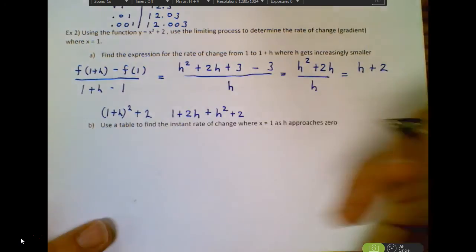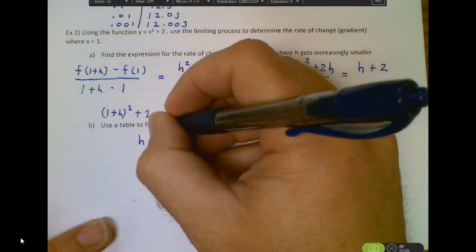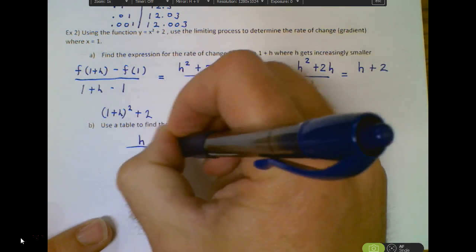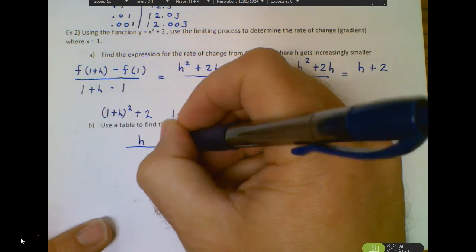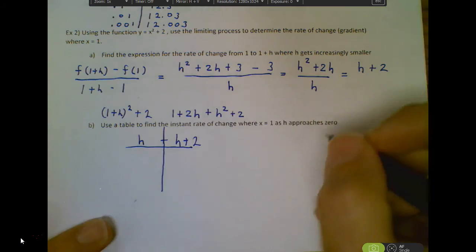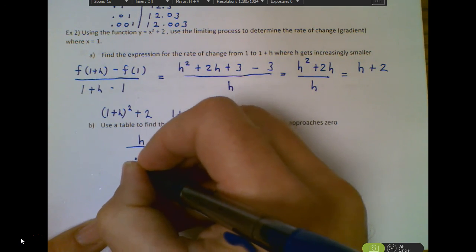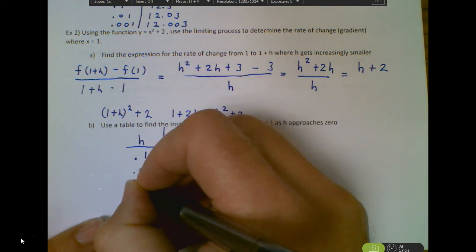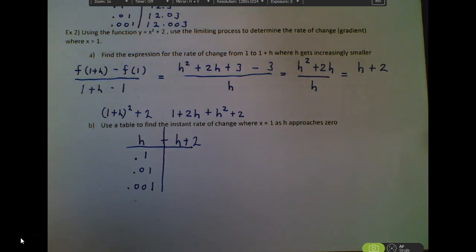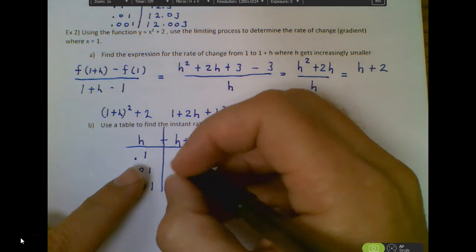But we're showing a table to represent that so that we can show, oops, let me do this. So we're plugging in h. The result was h plus 2. So we're going to use tiny numbers because remember h is approaching 0. So we would go for 0.1. We'll show a couple obvious ones here just to make it clear. But if I put 0.1 right there, I'm going to get 0.1 plus 2.